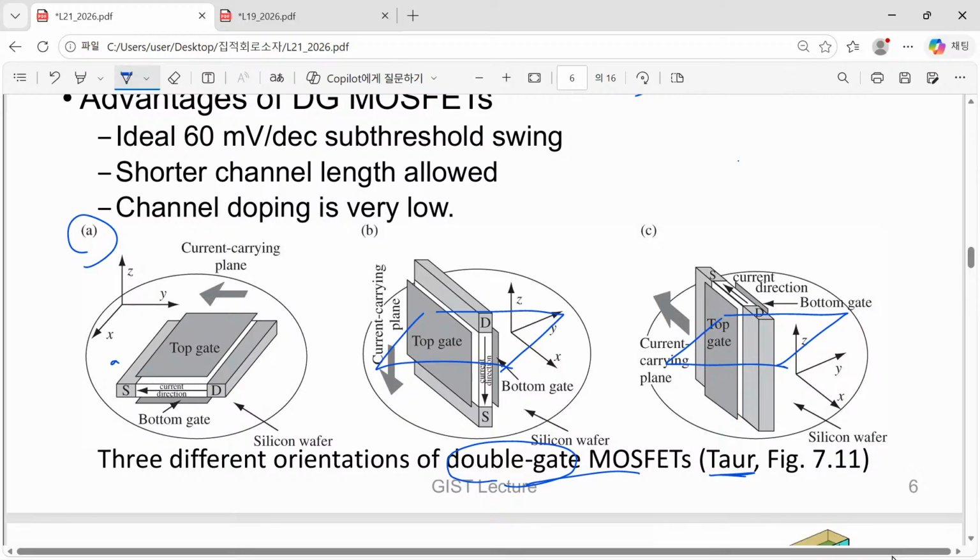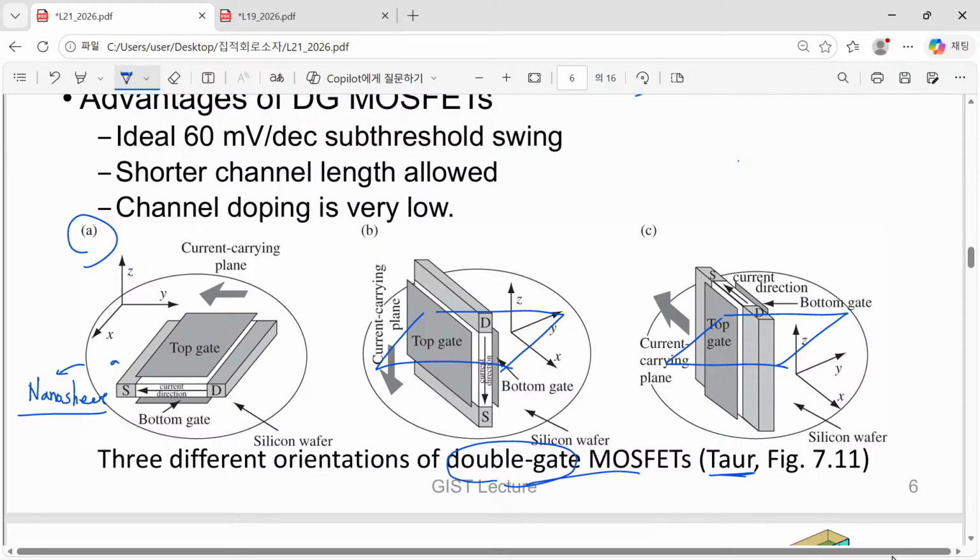So where can you find this kind of double gate MOSFET? This in-plane transport along the wafer surface corresponds to the nowadays state-of-the-art device, nanosheet transistors. In the case of nanosheet transistors, we are placing multiple sheets of silicon layers, 1, 2, 3 in parallel.